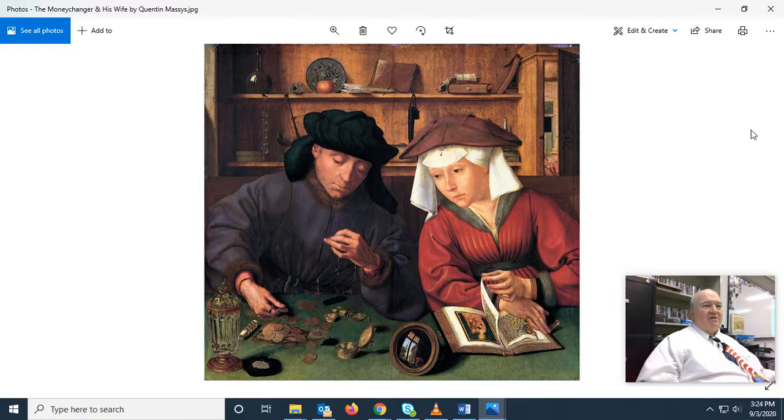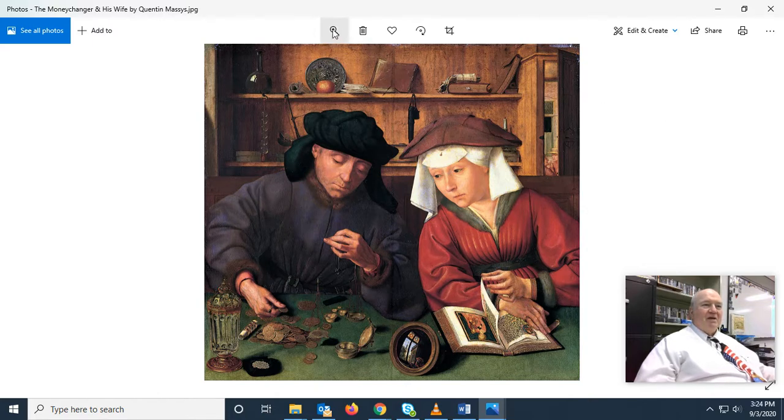This is the moneylender and his wife by Quentin Massys. Another example of the Northern Renaissance, another example of genre art, which depicts everyday people doing everyday things.